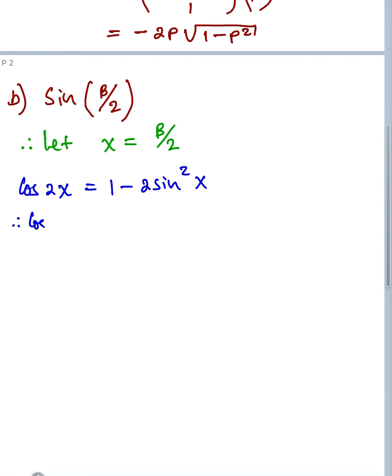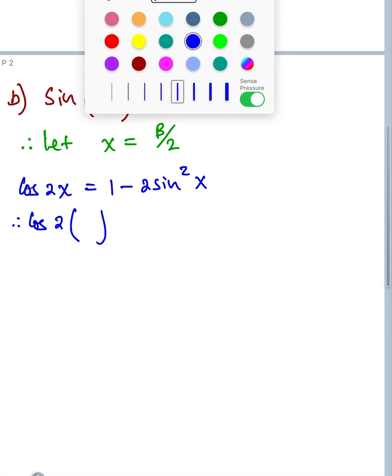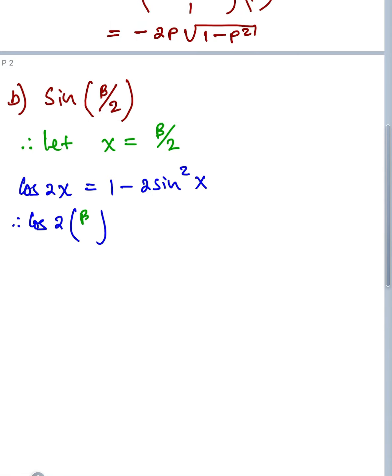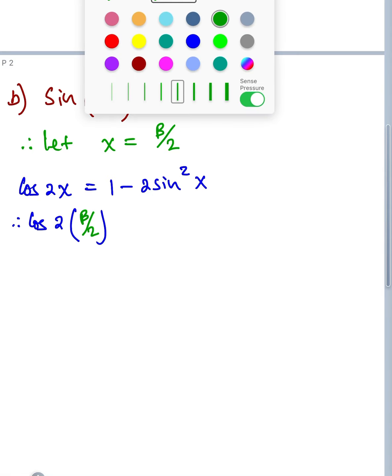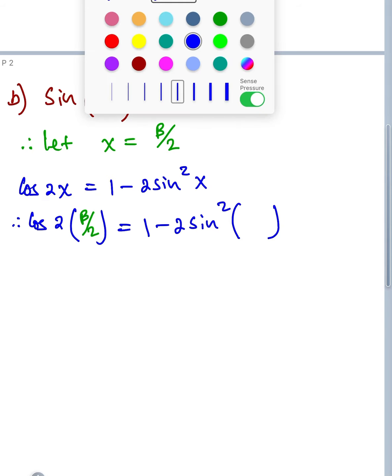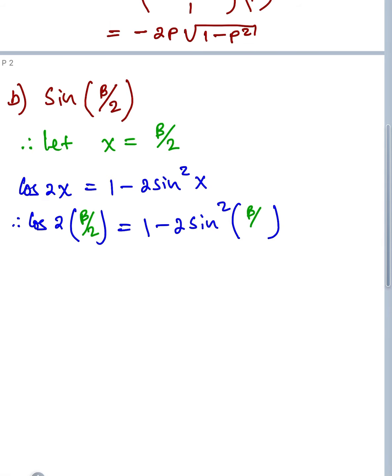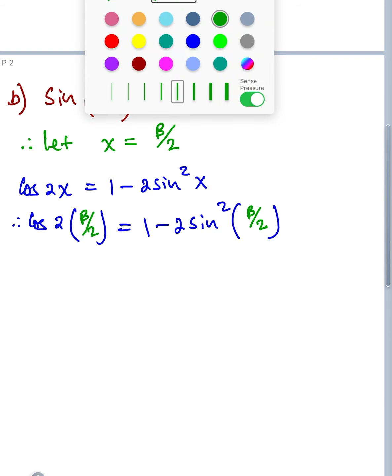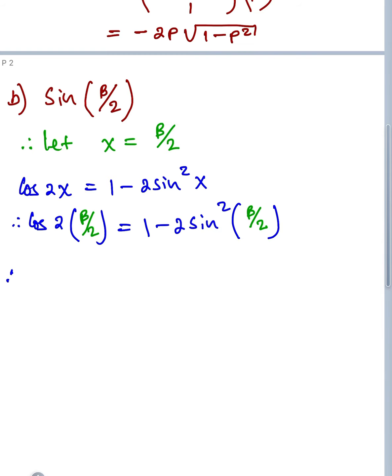Now I want us to go back and substitute what x was and really see something. This is going to be cos of 2 times x. What is x? I'm just going to write it. My x was beta over 2 from my statement, and this is equal to 1 minus 2 sine squared of x. X is still beta over 2. Now I have to be extra careful because I have to simplify this and see what I get.